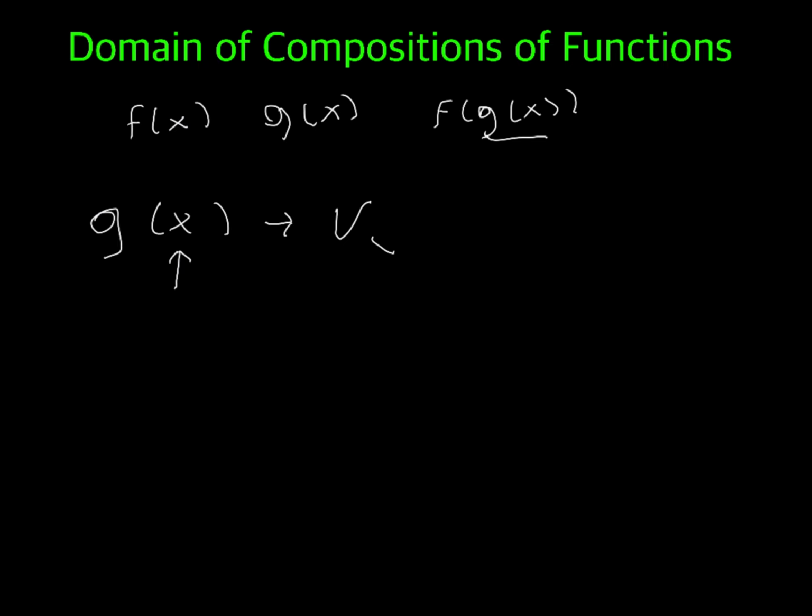This value of v is going into f of x to get our answer. So this is the pathway of how we get to our answer. And notice the x starts off at g of x. So if x is not in the domain of g of x, it is not in the domain of f of g of x.